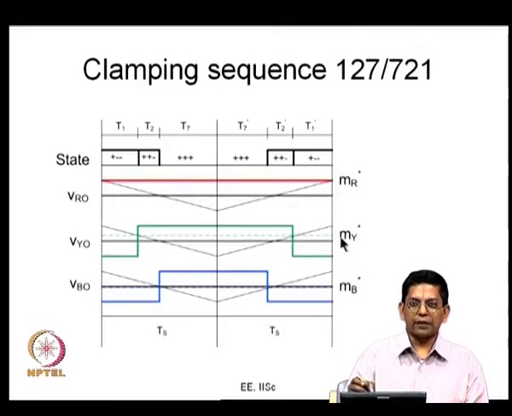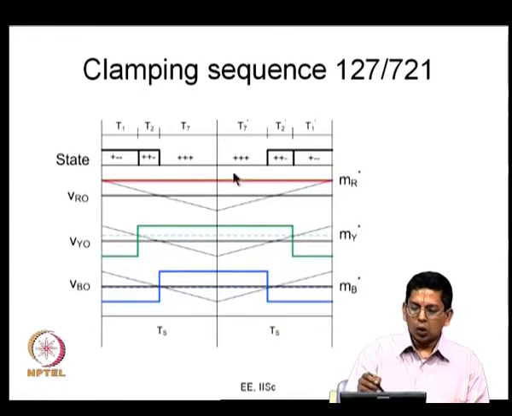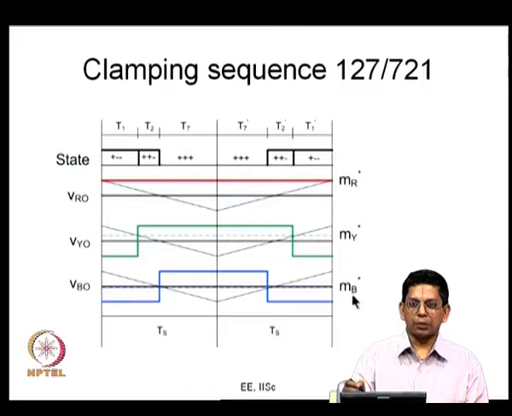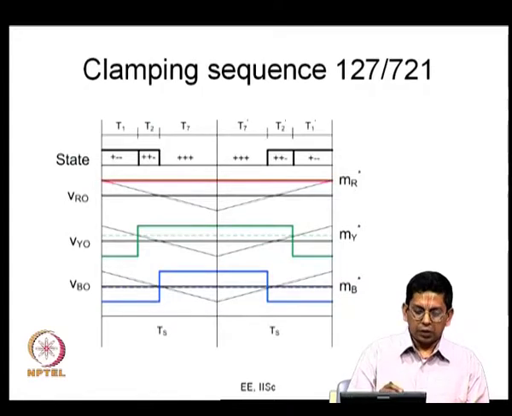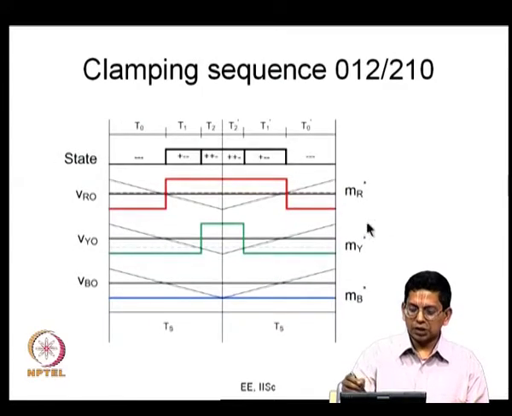Whereas in the earlier case, the common mode component added is positive, so that MR, which is the highest of the 3, has become equal to plus VDC by 2, which is equivalent to the V peak of the carrier. So, here you have added a positive common mode component such that your M max becomes equal to the V peak. Here you have added a negative common mode such that your M minimum is equal to minus V peak. That is how you do it now.